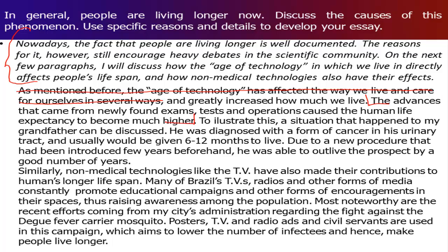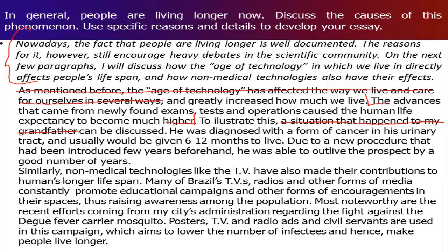Continuing, to illustrate this, a situation that happened to my grandfather can be discussed. Remember that I said that it's important for us to give personal examples? Exactly what I did. A situation that happened to my grandfather. It doesn't get any more personal than this.